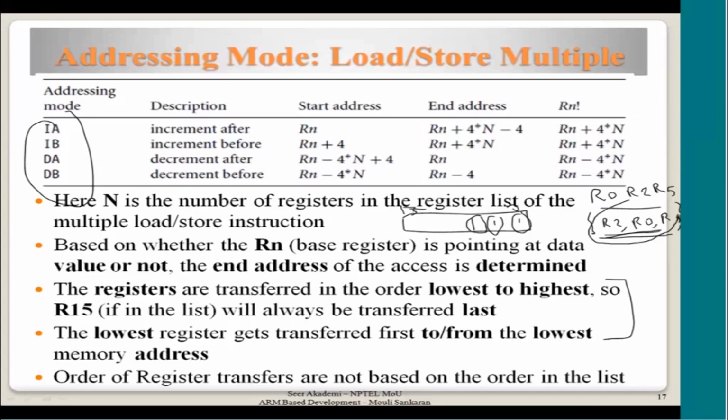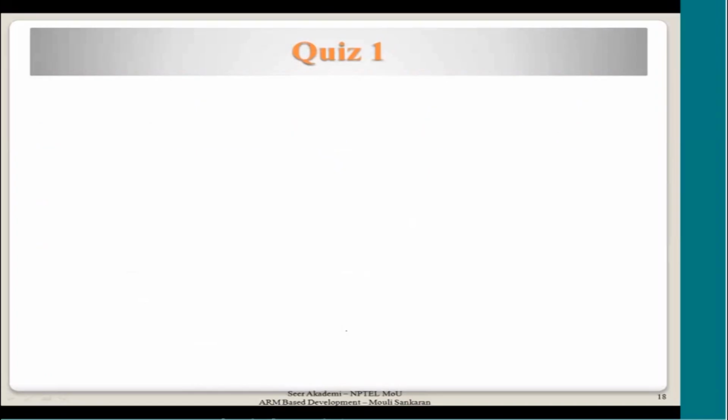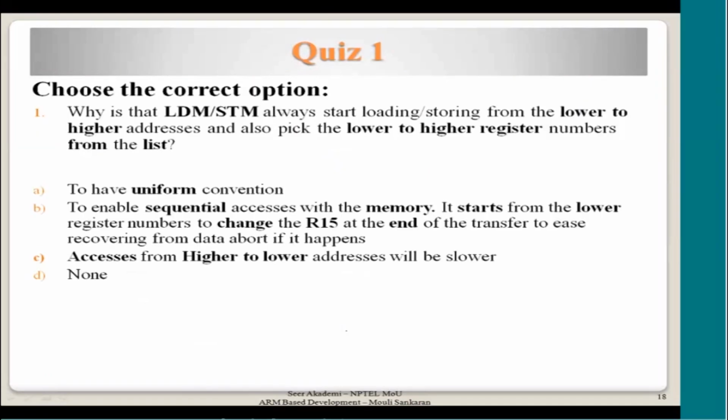You are free to give anything, but there is no order maintained, and no need for it, because this instruction is executed as a particular chunk, so no other instruction can come in between. These are the important points. Now we are ready to see some examples. I'll ask you one question here. Think it over, pause the presentation, and then choose one of the options.